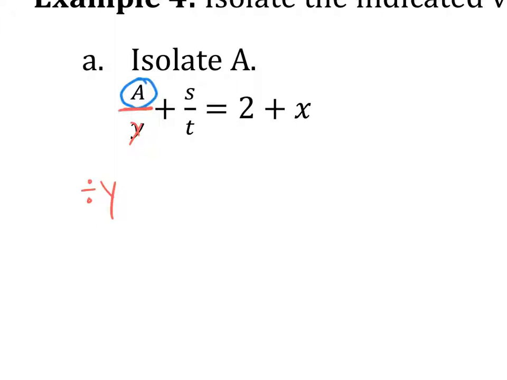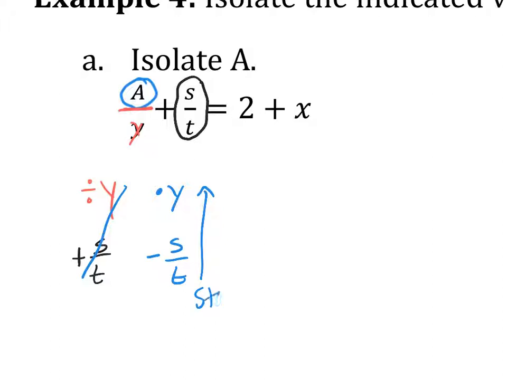And then the next thing that's happening is we're adding this whole term here. We're adding s over t. So we can just keep those together, just adding that term. So we do the opposite operations. So times y and subtracting s over t in the reverse order.